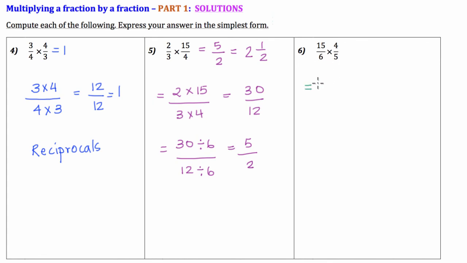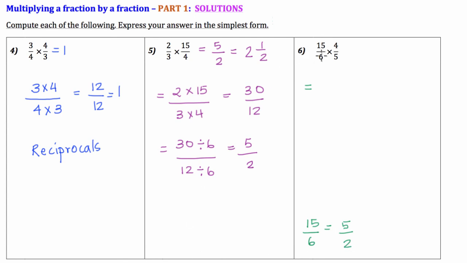The next problem is 15/6 times 4/5. So let's start multiplying the numerators and the denominators. But before we do that, you'll notice that 15/6 can actually be simplified because 3 is a factor that's common to both 15 and 6. So let's first simplify 15/6. If we divide the numerator and the denominator both by 3, we will have 5/2.